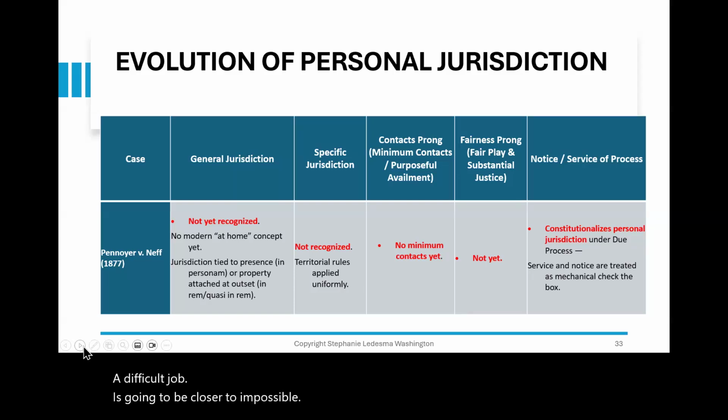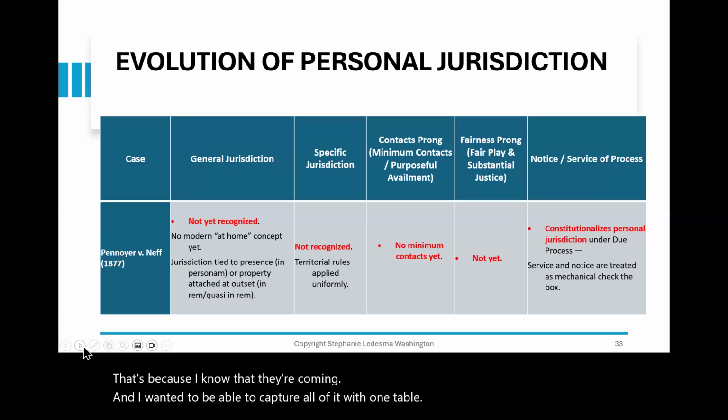I like tables. We started a table with Pennoyer v. Neff, and you'll see that of the 5 columns, 4 of them are not addressed. That's because I know that they're coming, and I wanted to be able to capture all of it with one table.